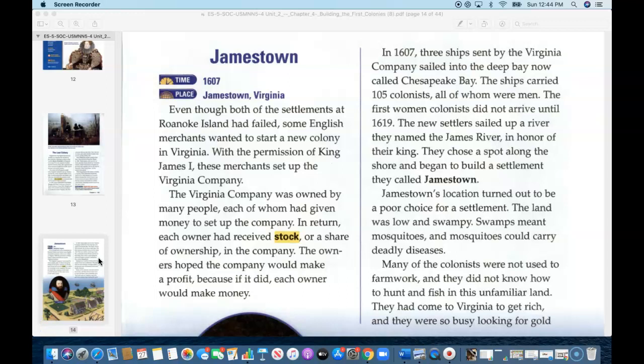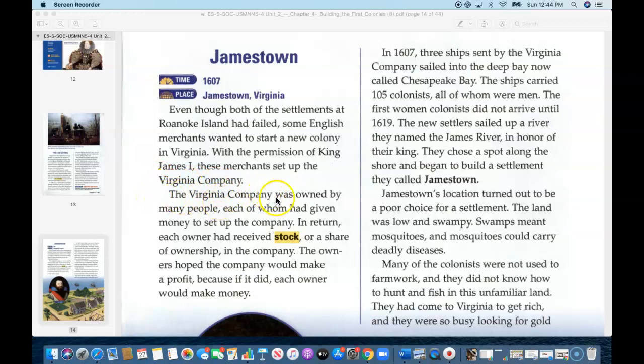Jamestown, 1607. Jamestown, Virginia. Even though both of the settlements at Roanoke Island had failed, some English merchants wanted to start a new colony in Virginia. With the permission of King James I, these merchants set up the Virginia Company.